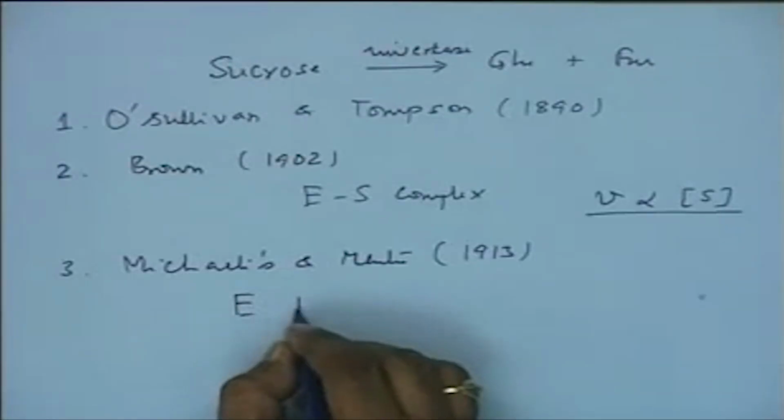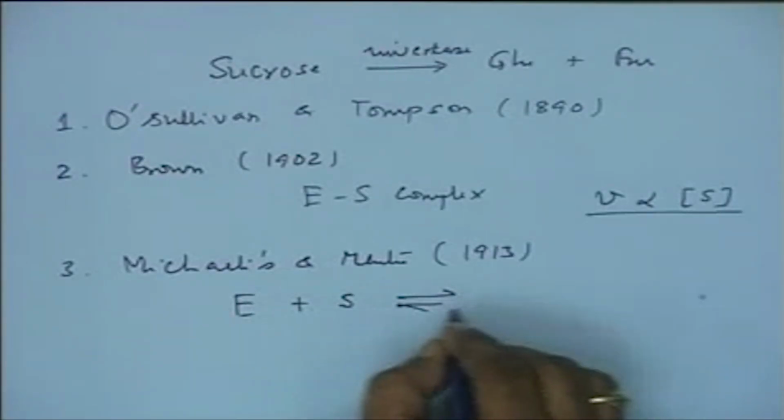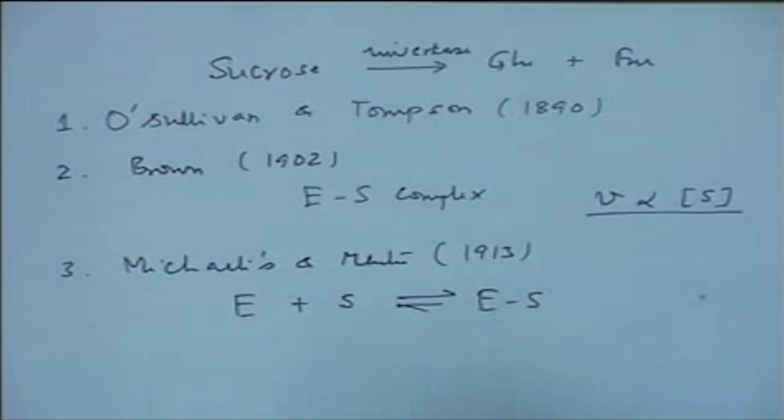And now, what Michaelis-Menten's major contribution was: one is that he confirmed Brown's observation that enzyme substrate interaction leads to the formation of an enzyme substrate complex, that is E plus S goes to ES complex, and he also proposed that this interaction is reversible in nature.